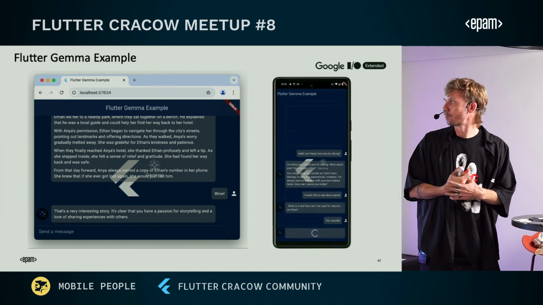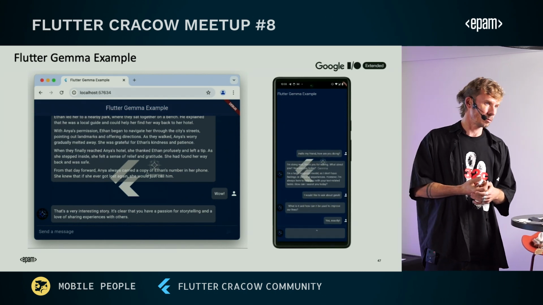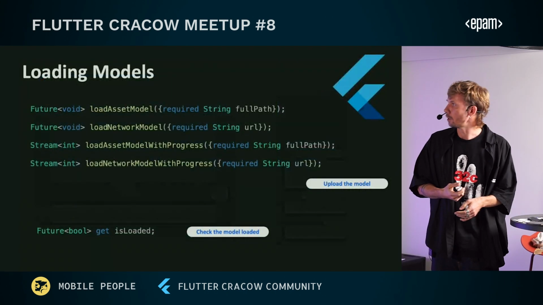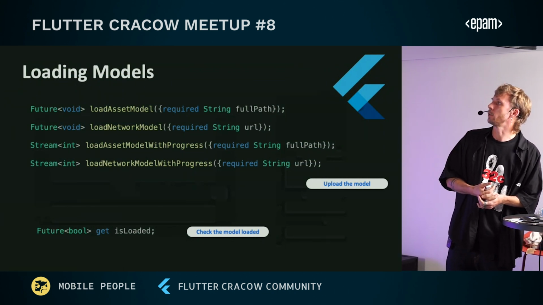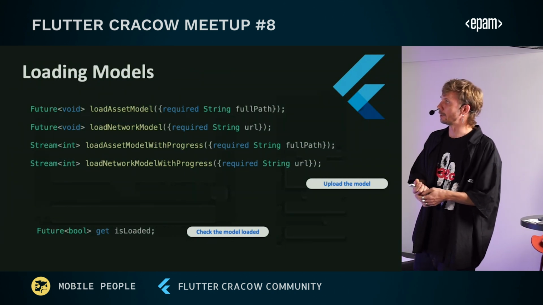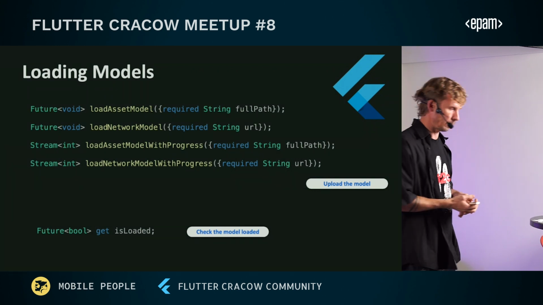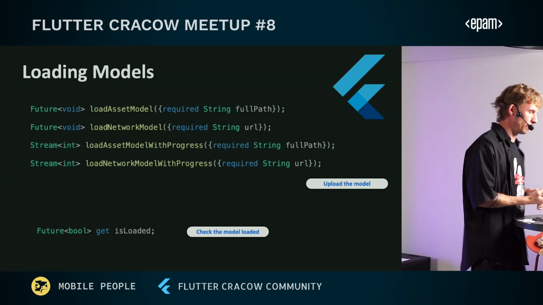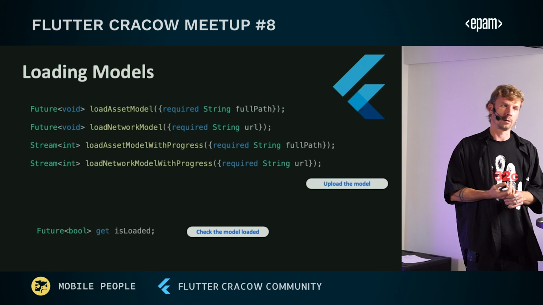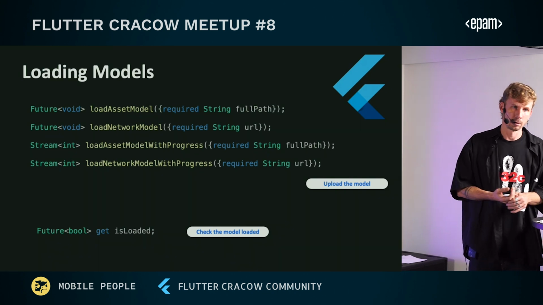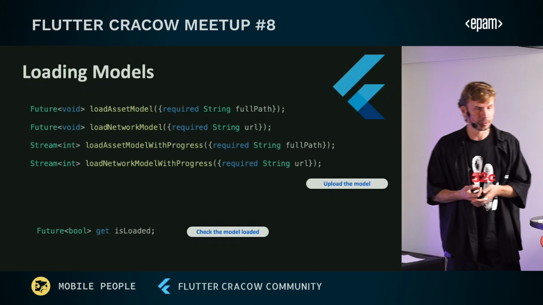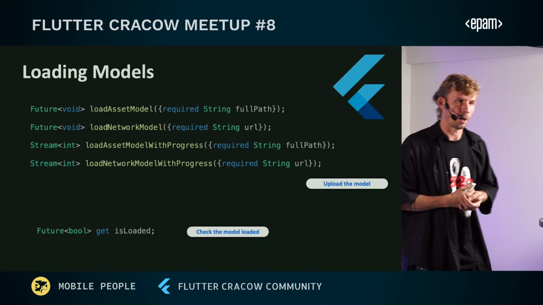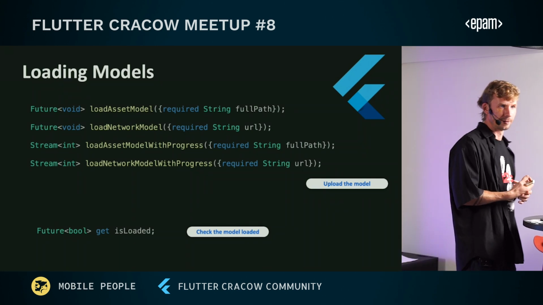Even a lot of people asked me about it. So in version 0.3, I added the opportunity to load the model from assets and load the model from network. Loading the model from assets works only in debug mode, because if you add the model to assets, try to guess what size of APK you will get.